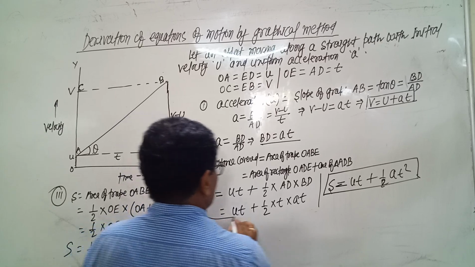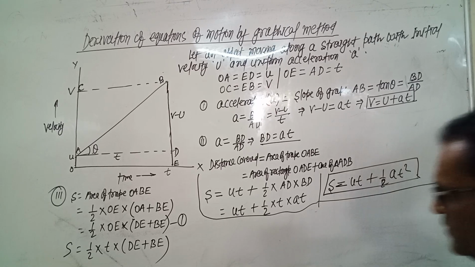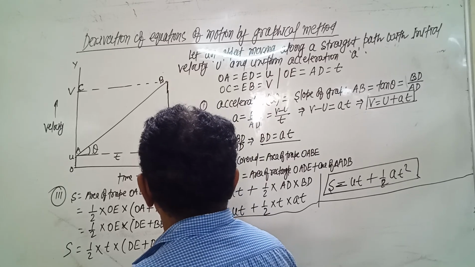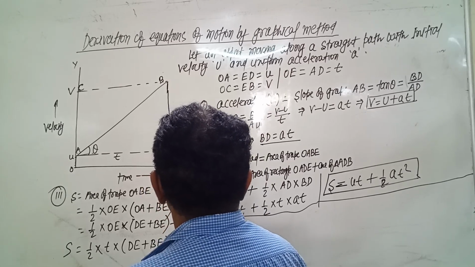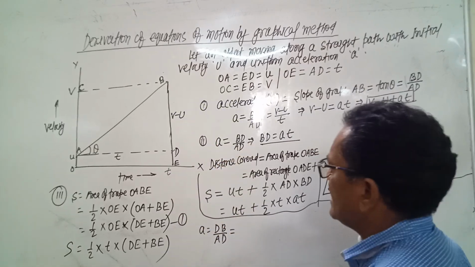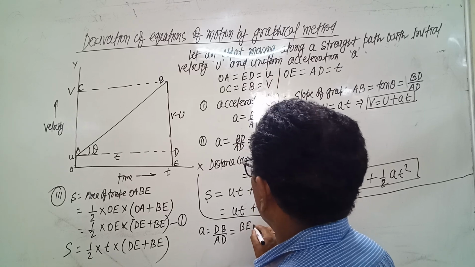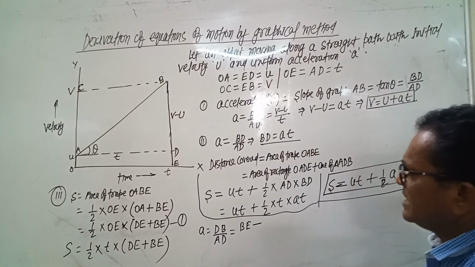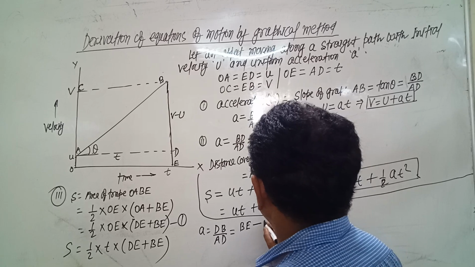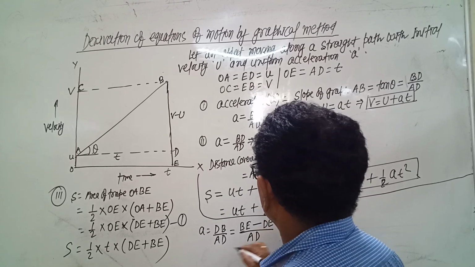Now the formula for acceleration was DB upon AD, and DB can be written as BE minus DE.